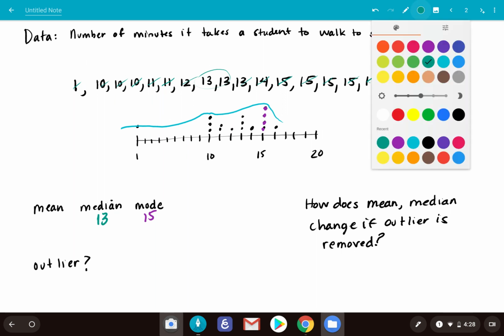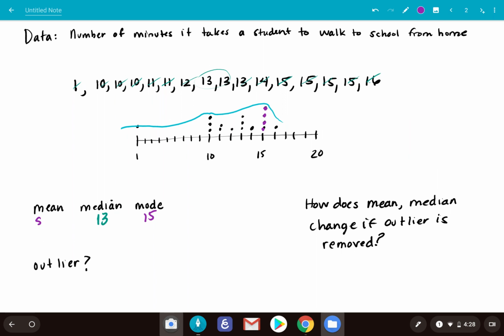My mean, I'm going to add them all. And I'm going to divide by 1, 2, 3, 4, 5, 6, 7, 8, 9, 10, 11, 12, 13, 14, 15, 16 students. So let's add up the number of minutes that all the students take. So 1 plus 10 plus 10 plus 10.